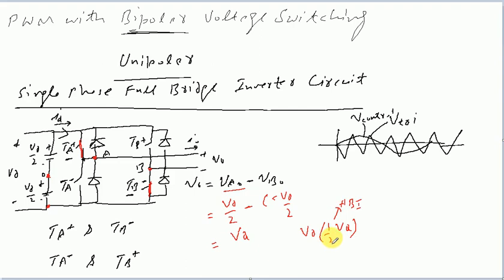So this is twice of that we had over here. Sorry, we have 2 over here. So this is what makes the half bridge inverter circuit have an output voltage half of the full bridge inverter circuit.